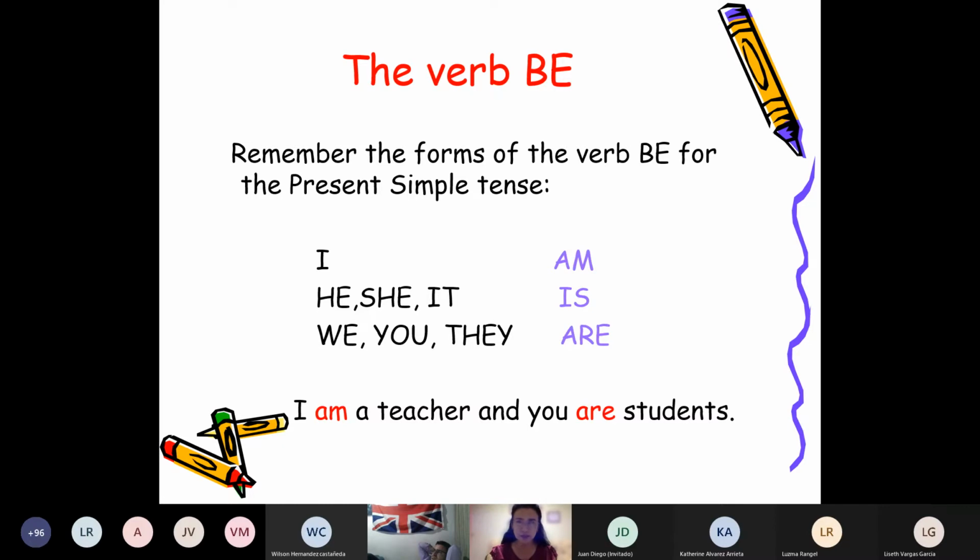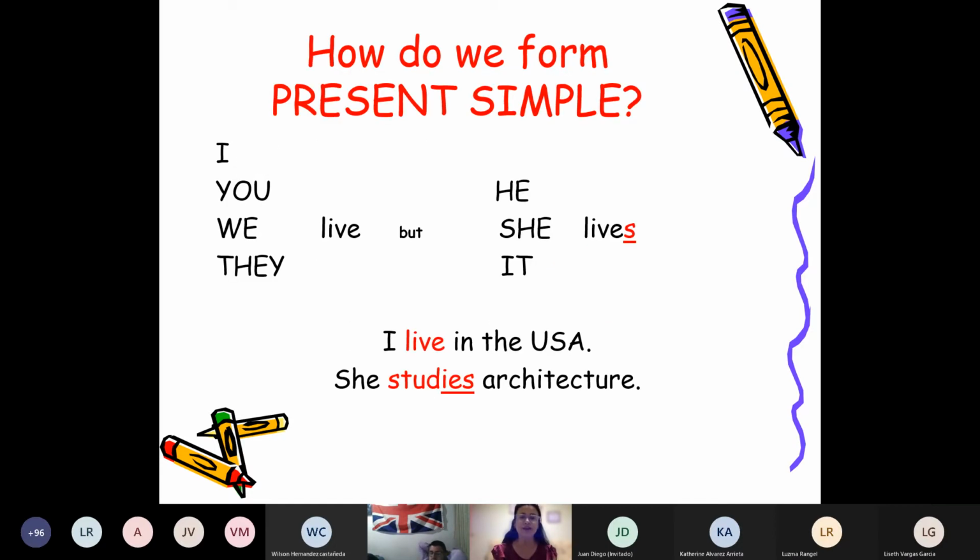because the conjugation of the verb to be for the present simple tense is this one: am, is, or are. And this is the conjugation of the verb to be in affirmative ways. And also when you have the affirmative with any verb different to the verb to be, you conjugate the verb with I, you, we, they, and the verb doesn't change.